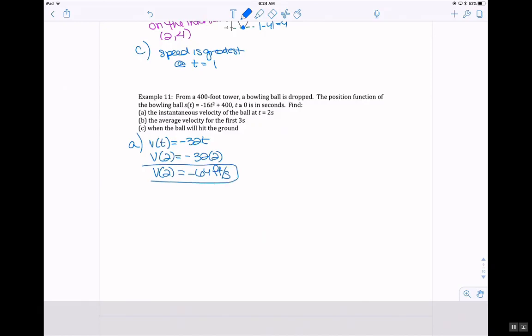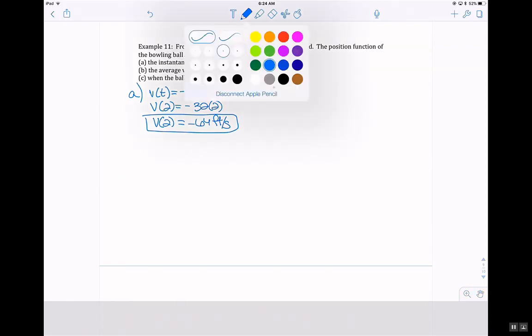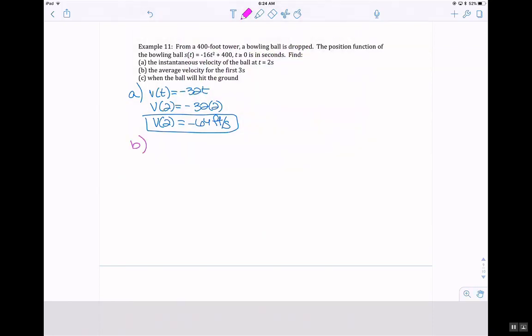B, to change colors. Average velocity. So the average velocity is the change in position, so s of 3 minus s of 0 over 3 minus 0. So change in position over the change in time.